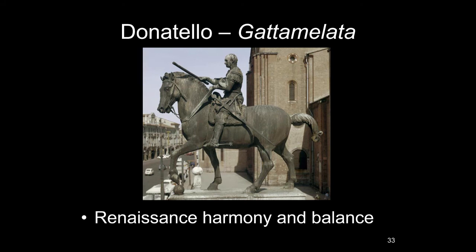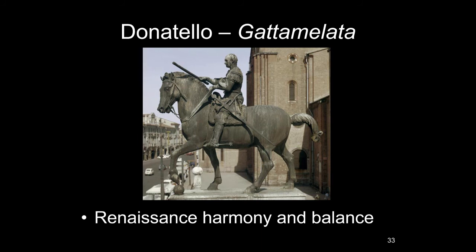Then if you look at the diagonal movement, you have the head of the horse as a kind of diagonal. The reins are a diagonal going the same way. The leg of the general. And also the foremost leg of the horse, that sort of suggests that you might be taking a step forward.